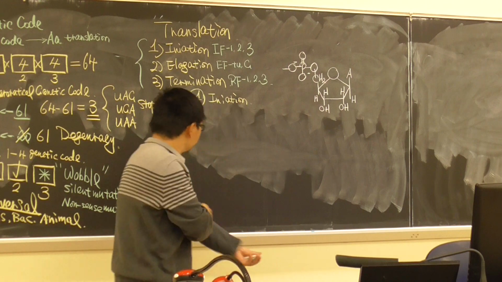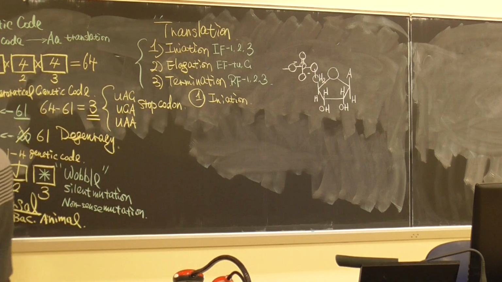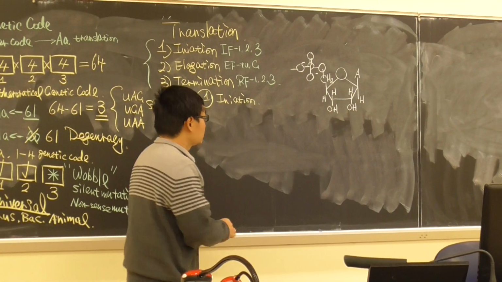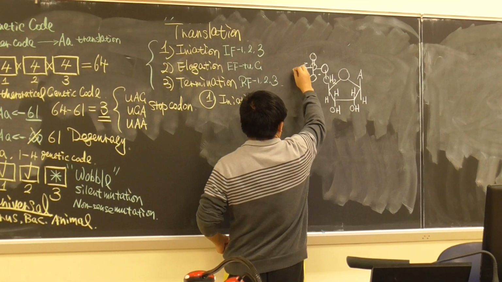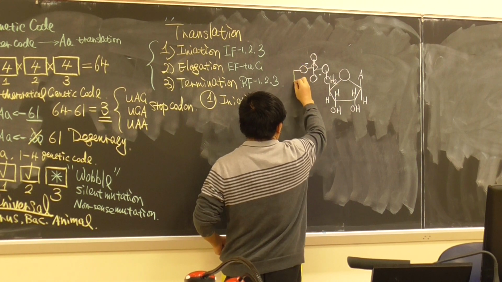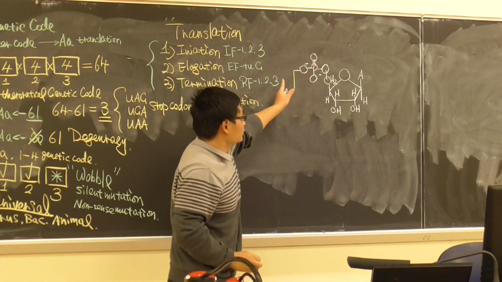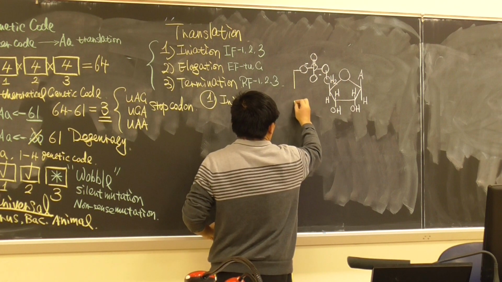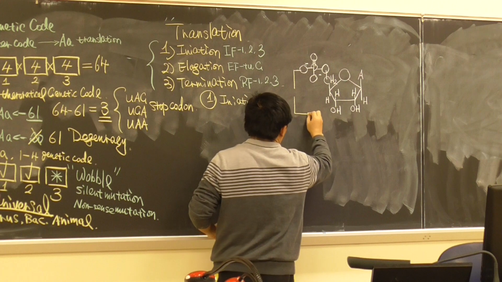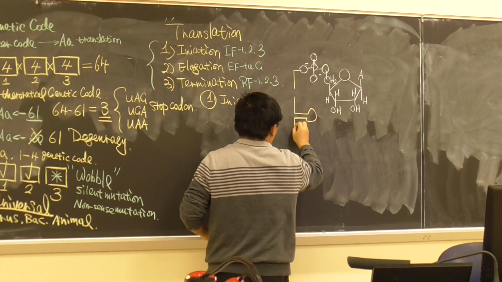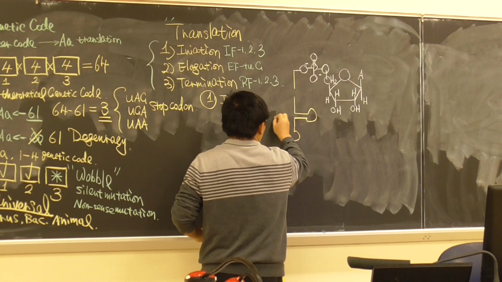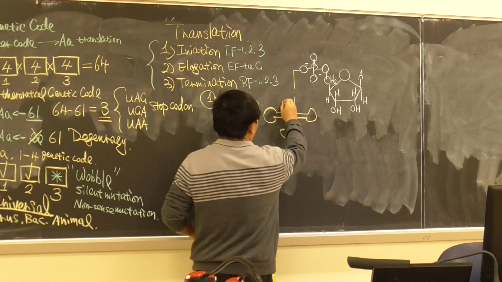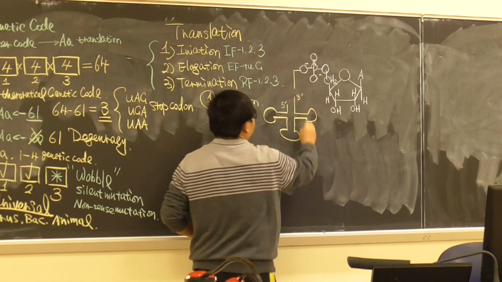First of all, the tRNA goes here. This is always going to be a tRNA. Start from the O side. Okay, how are we going to draw it? We will draw right here. This is a tRNA, 5 prime and 3 prime.